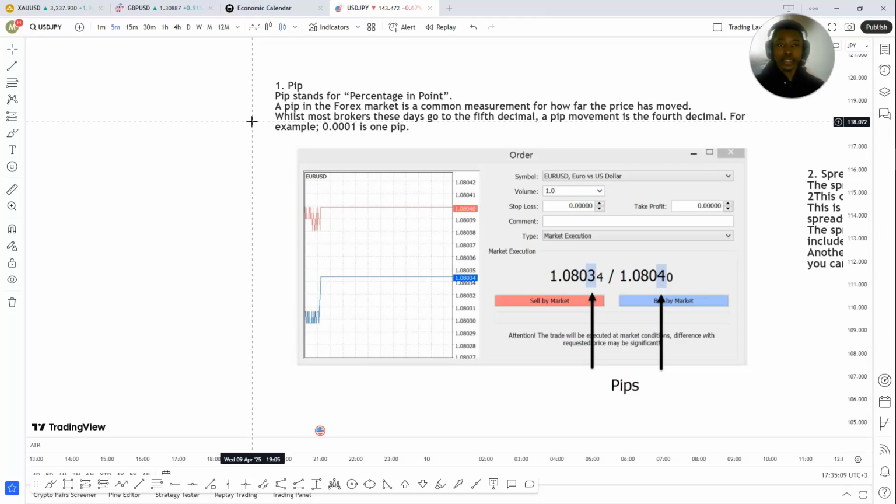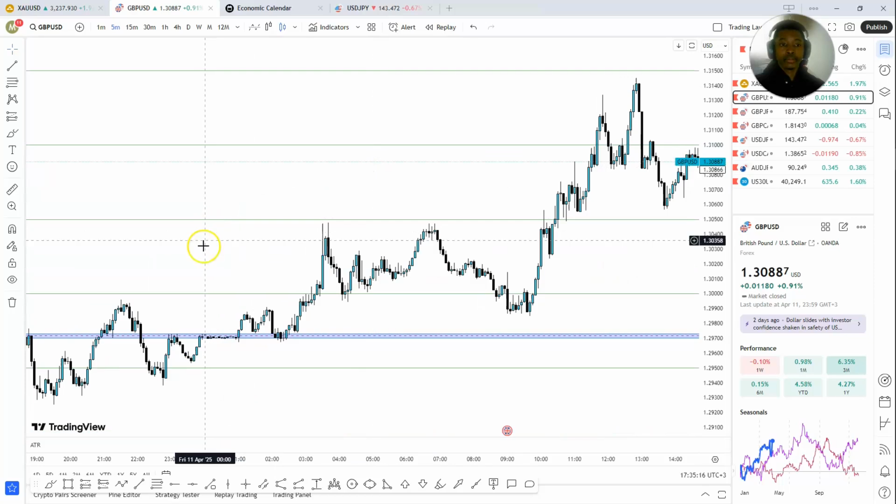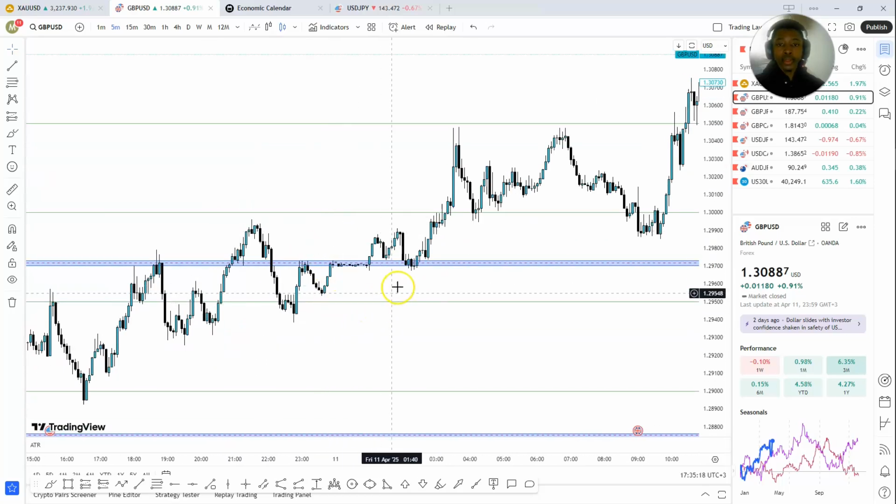Let's take, for example, GBP USD. If we take our calculator here, for those who do not have this application, I recommend downloading TradingView, and you can use the website or the downloaded desktop application.